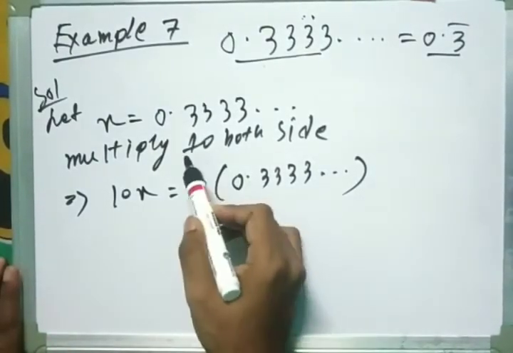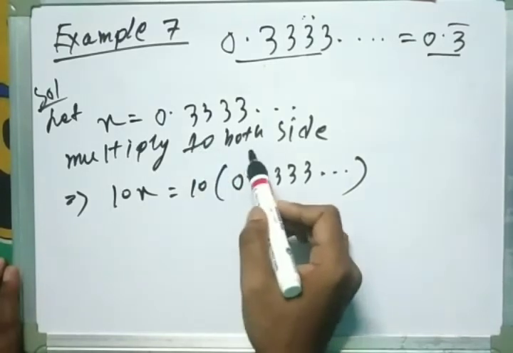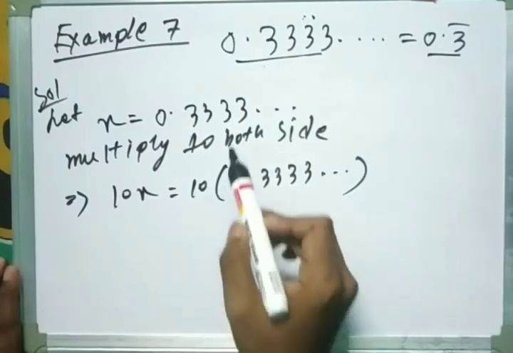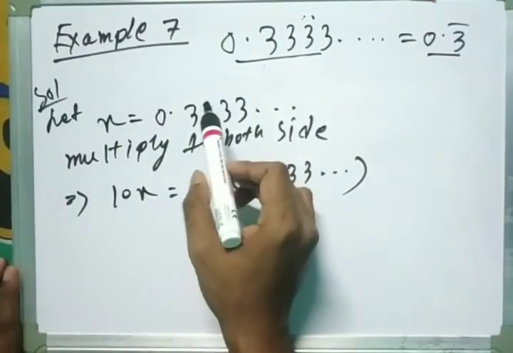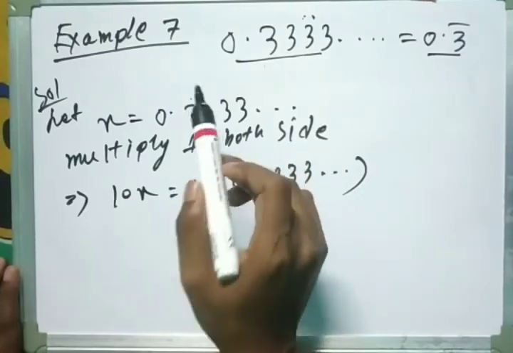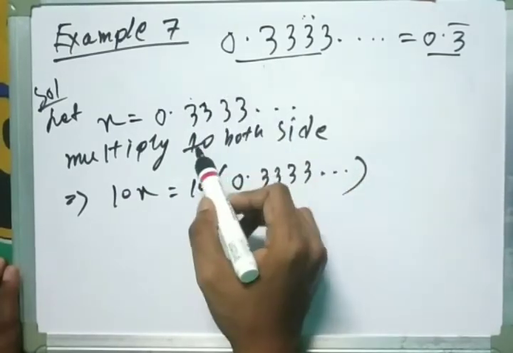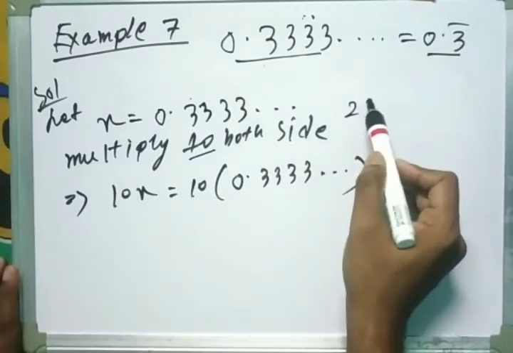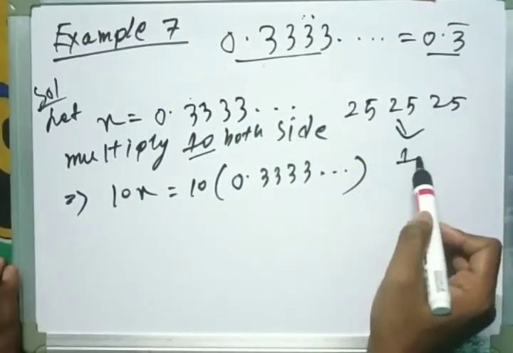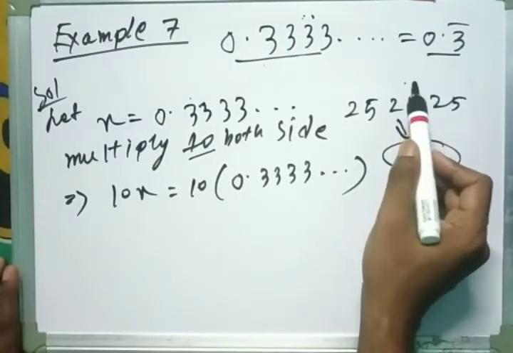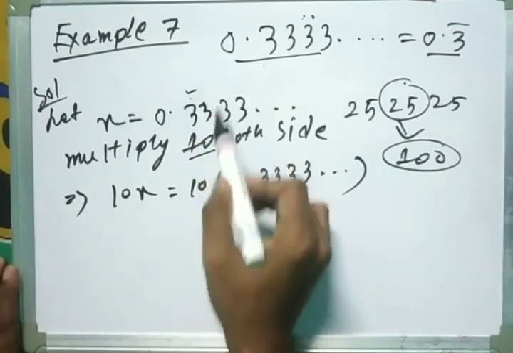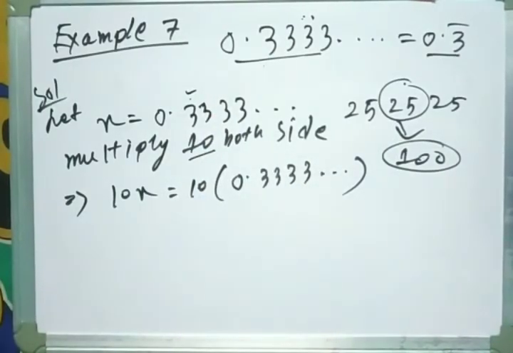So why multiply by 10? If the repeating digit is single, here you can see that the 3 is repeating again and again, so we multiply by 10. If the repeating part has two digits, we multiply by 100 because 2 digits are repeating. Here it is single, so that's why we have multiplied by 10.